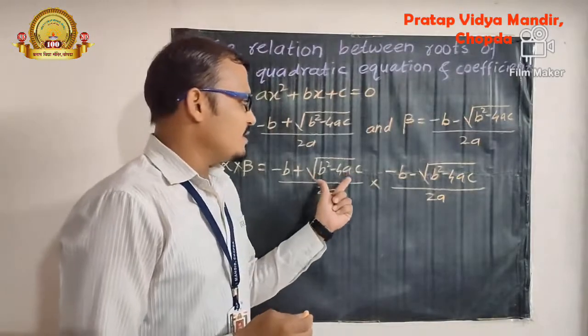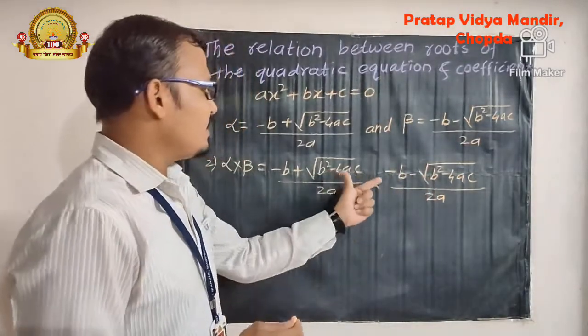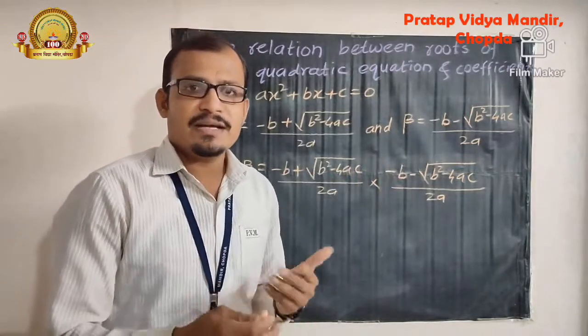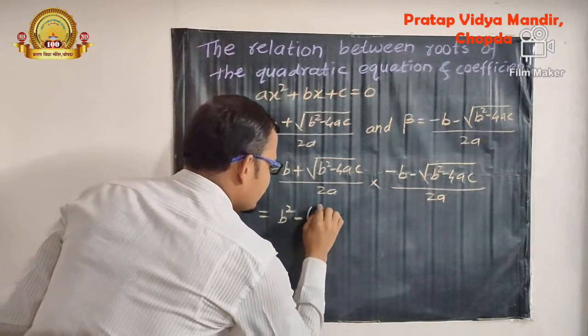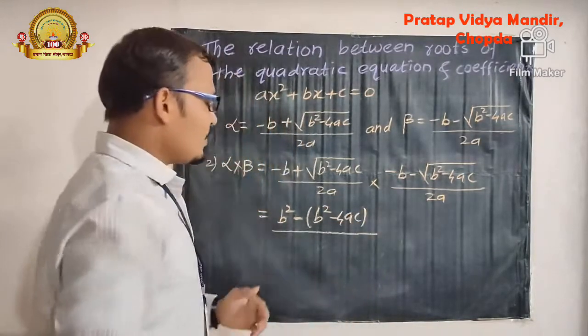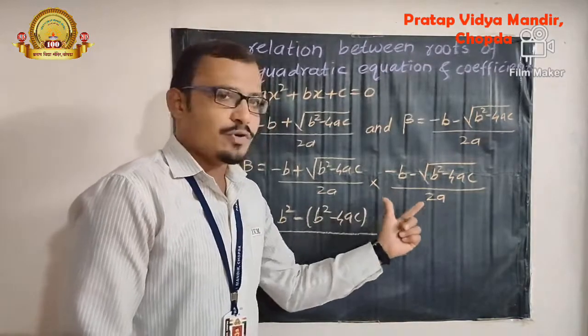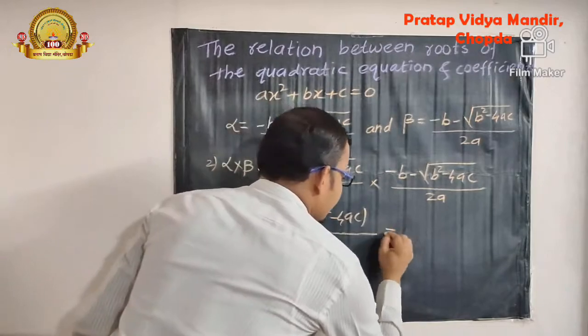Here we have to multiply this numerator with this numerator and denominator with the denominator. By multiplying these two numerators and solving, finally we get b square minus 4ac upon the multiplication of denominator, 2a into 2a is 4a square.